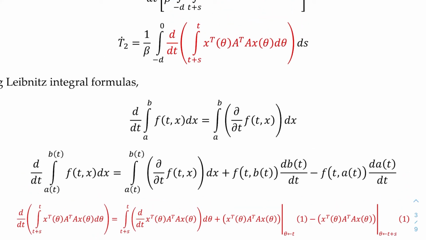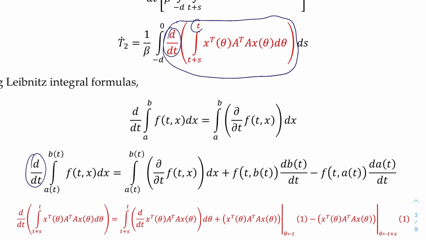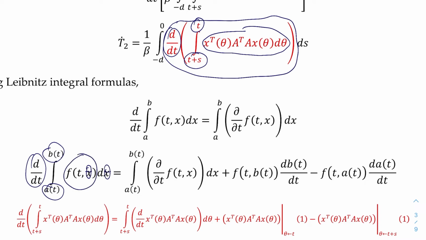Here, let's check that, for example. Here we are focusing on this expression, okay? Here is the t derivative operator. Here this is b of t, and this is a of t, and this is, let me call that theta, f of t and theta. However, that f doesn't have t in it, right?